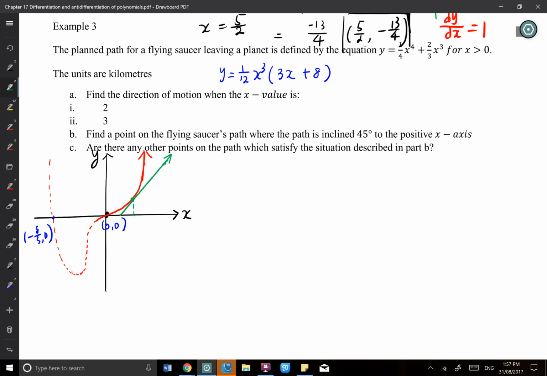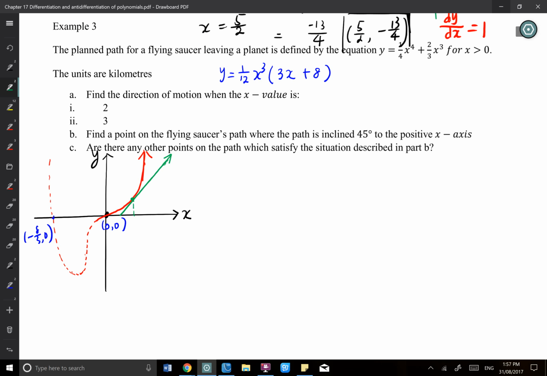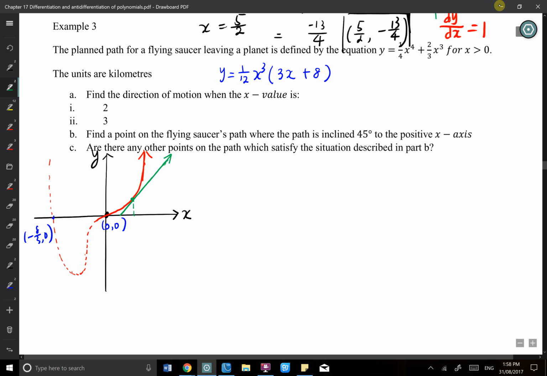So now it's like the reverse of the previous question. What I'm looking for is the angle made with the horizontal. If you talk about the direction of motion, you describe it by how many degrees it makes with the horizontal. So first I need to find the gradient of the tangent if I want to look for that theta.